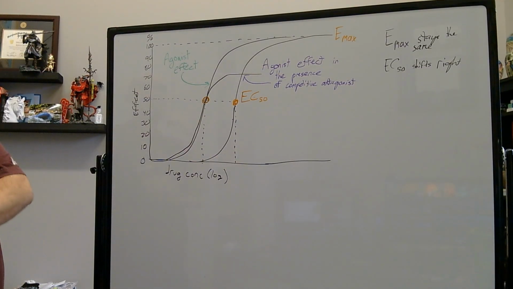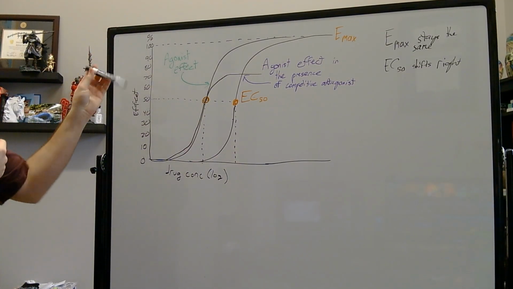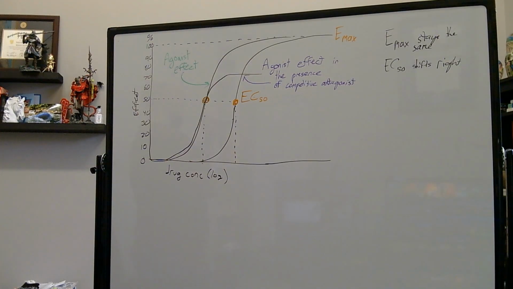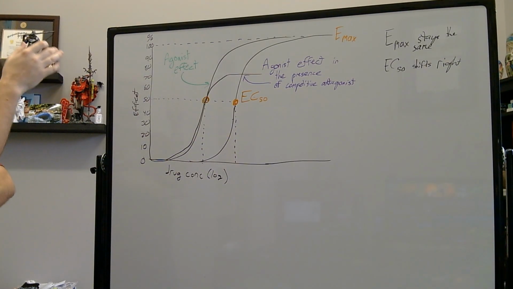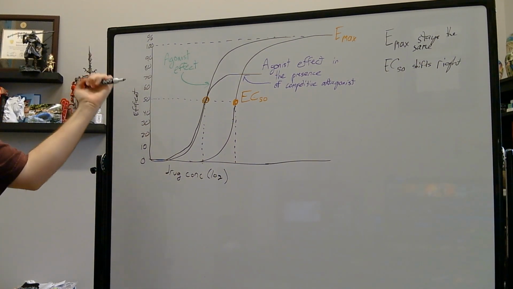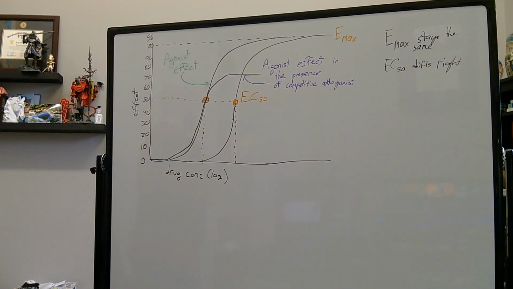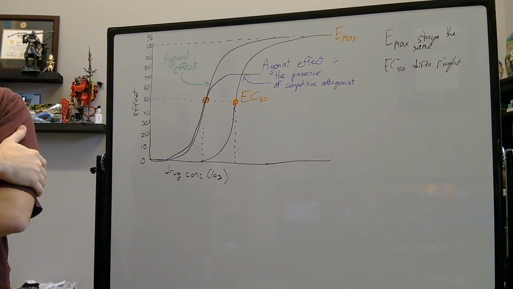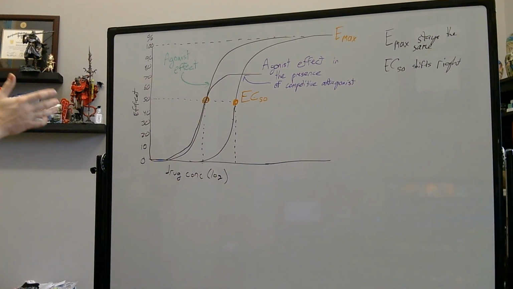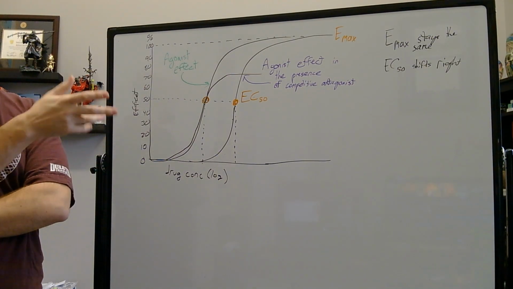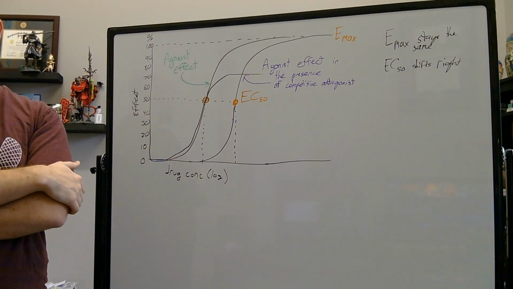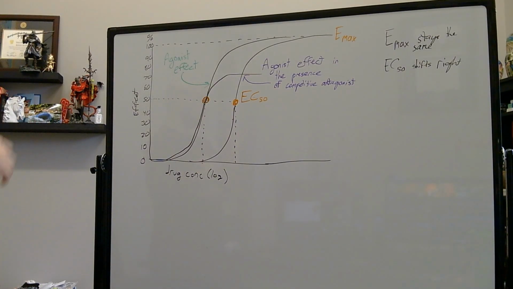So graphically, you're going to have this Emax decrease, and to recover from it, you have to wait for completely new receptors to generate. These irreversible antagonists can take weeks to recover from, or longer, just waiting for the receptors to generate again.